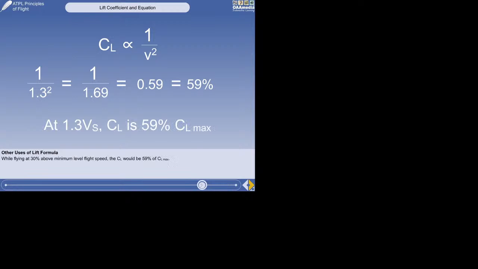This equals 1 over 1.69, which is 0.59 or 59%. So, while flying at 30% above minimum level flight speed Vs, the CL will be 59% of CL max.